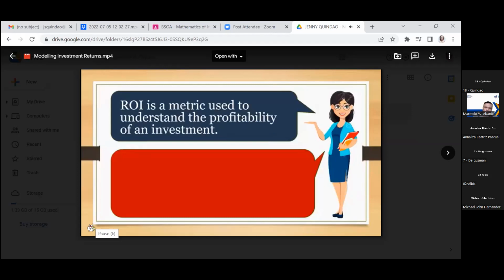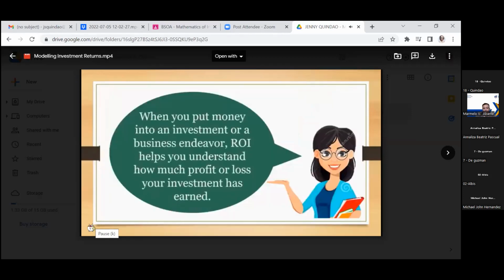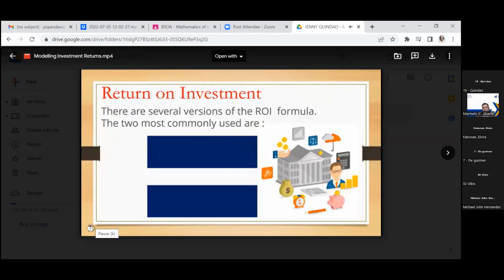ROI is a metric used to understand the profitability of an investment. ROI compares how much you paid for an investment to how much you earn to evaluate its efficiency. When you put money into an investment or a business endeavor, ROI helps you understand how much profit or loss your investment has earned. There are several versions of the ROI formula.